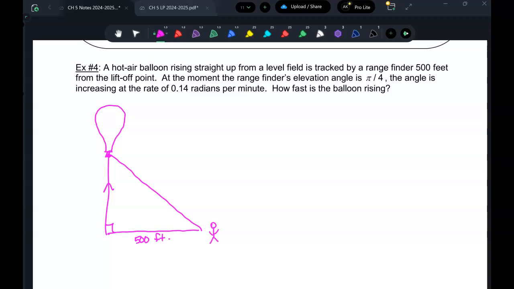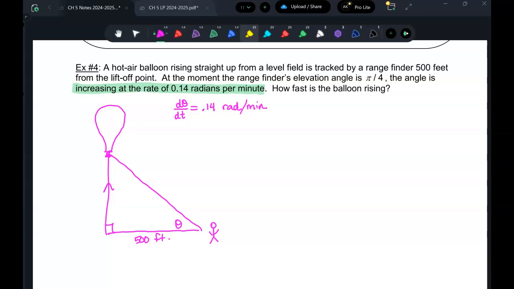Here's your liftoff point. It's going straight up. At the moment, the rangefinder's elevation angle is pi over 4. This angle here is increasing at the rate of 0.14 radians per minute. So that means d theta dt is 0.14 radians per minute.